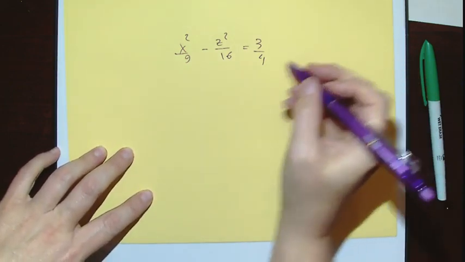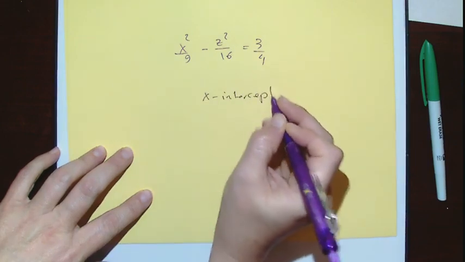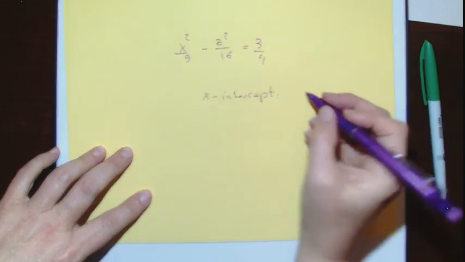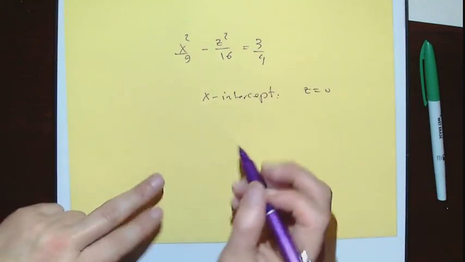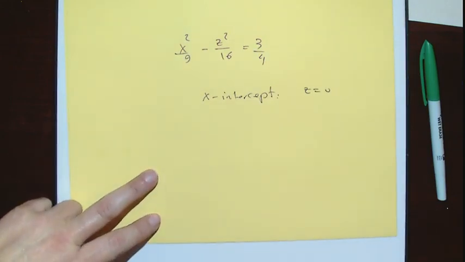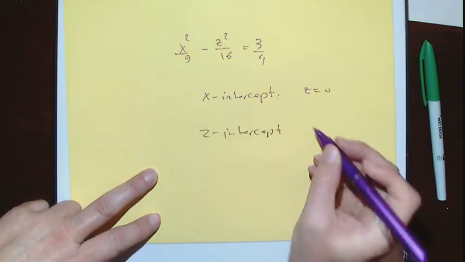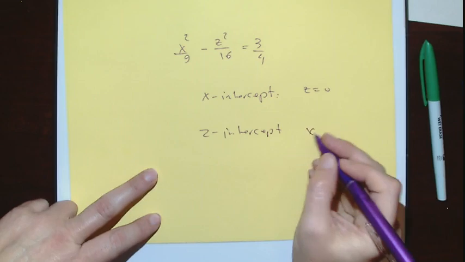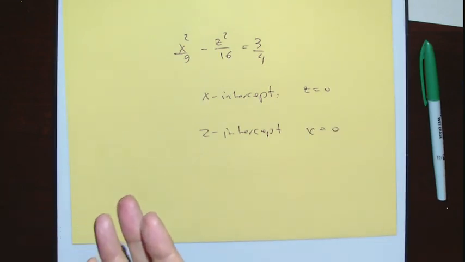Now, does this have an x-intercept? How do I know? Plug in z equal to 0. Does the other shape have a z-intercept? For a z-intercept, I have to plug in x equal to 0. If I plug in x equal to 0, can you solve for z?